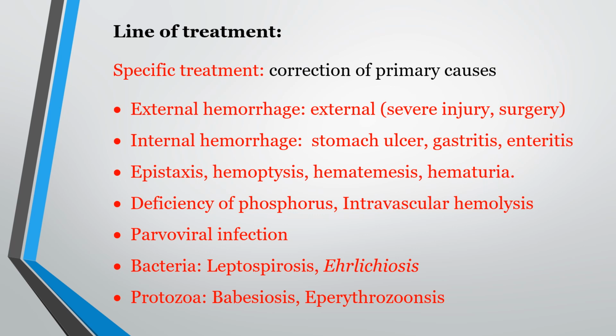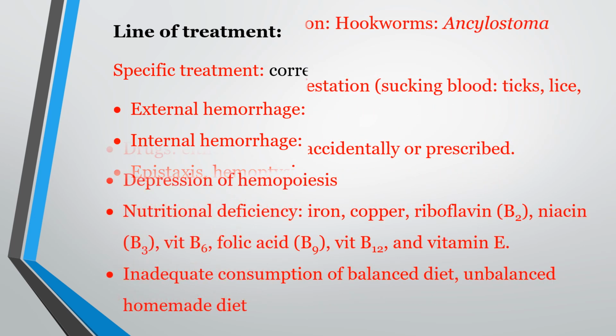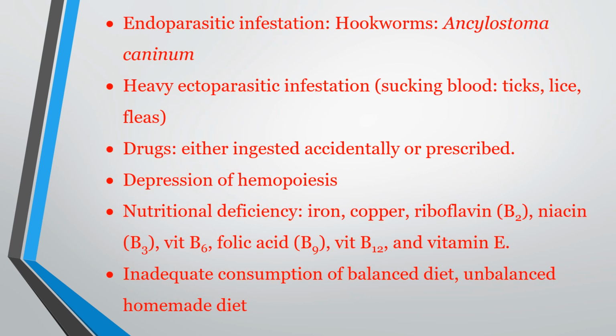Common bacterial diseases are leptospirosis, ehrlichiosis. Common protozoan infections are babesiosis, erythrozoonosis. The very common endoparasitic infestation in dogs is Ancylostoma caninum, also called hookworms.